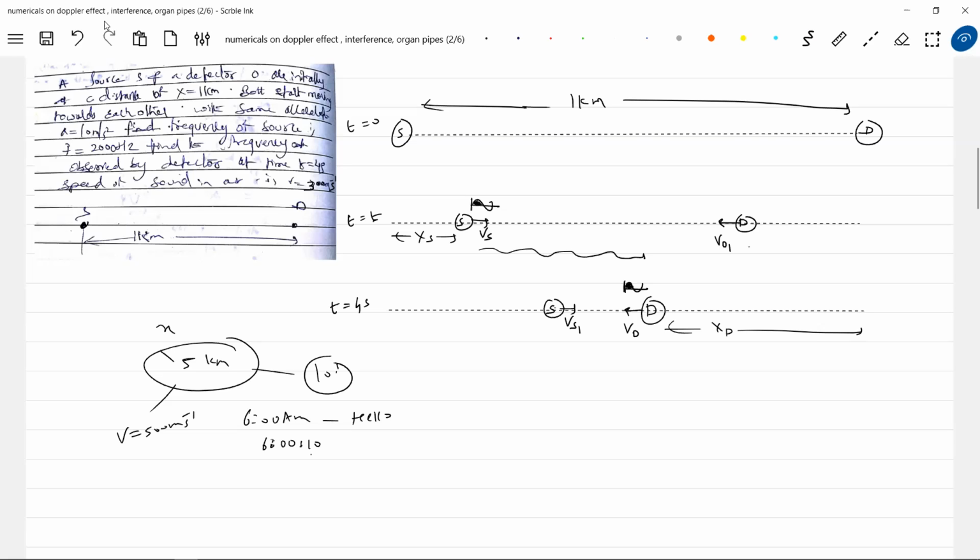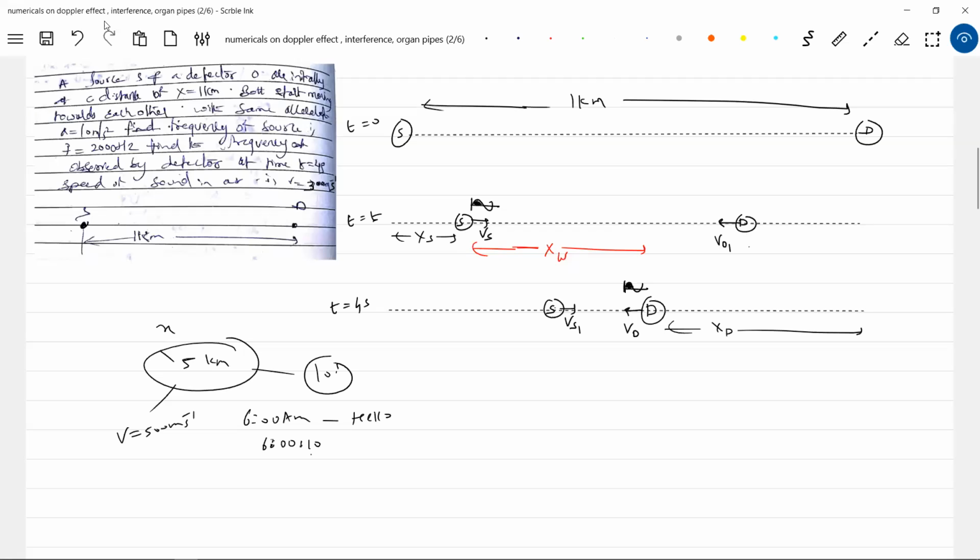Can anybody say what is this distance? Distance by whom? By the wave. Distance propagated by the wave. Because the signal is generated, it has to propagate some distance to reach the detector. That's what happens here.